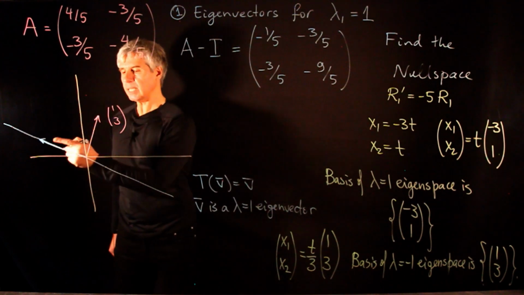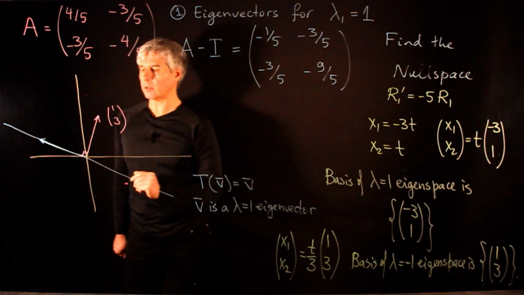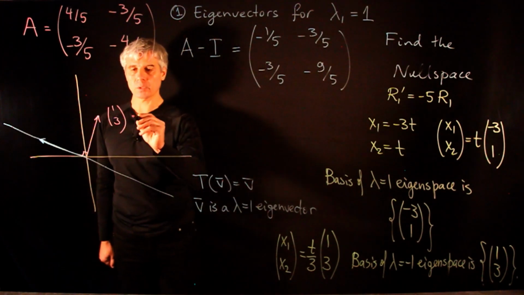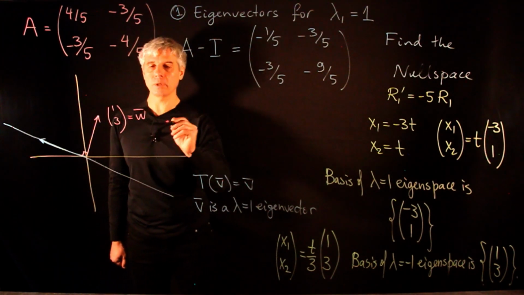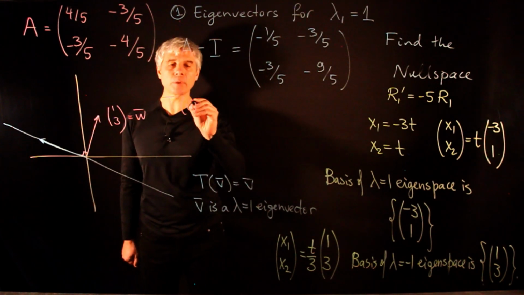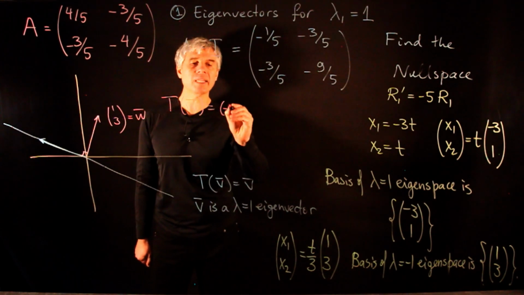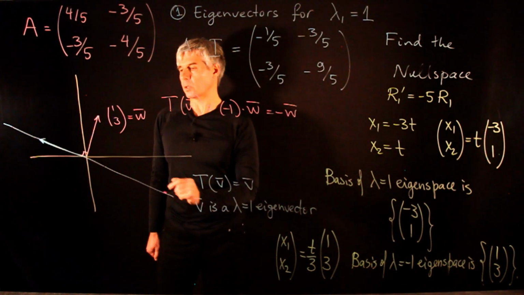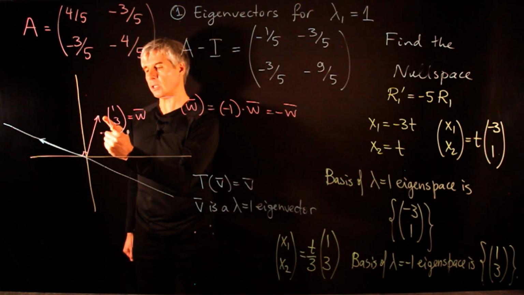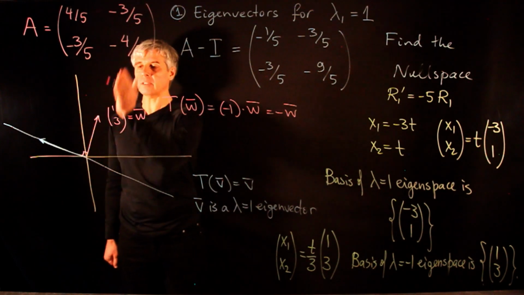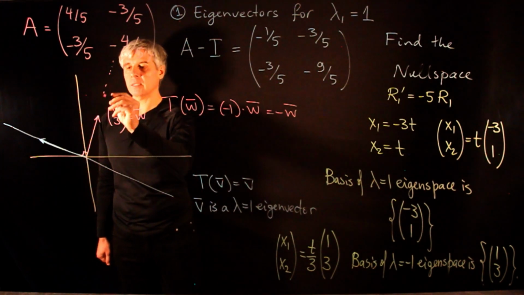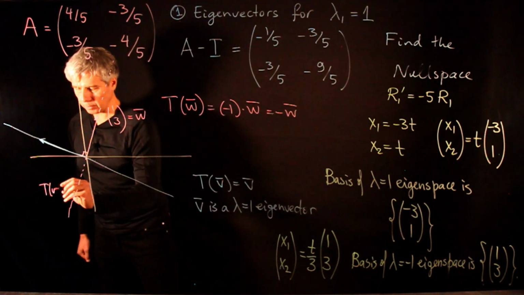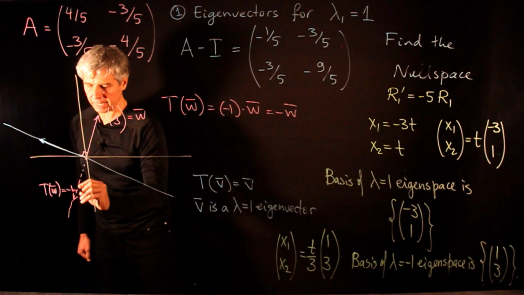And so what we see is that actually these two vectors are perpendicular to each other. And for this vector, let us call it w, we have T of w is equal to negative 1 times w, or simply minus w. So this means that this transformation flips all vectors that are on the perpendicular line. So T of w is equal to negative w.